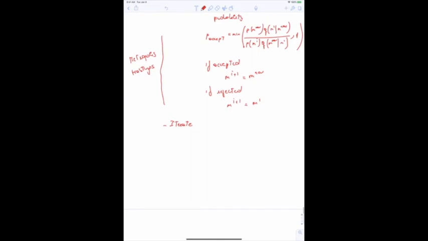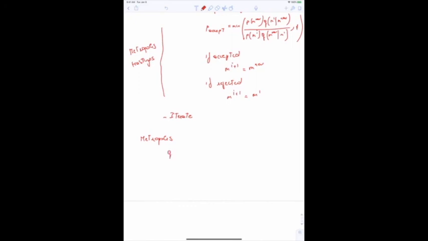Well, there are some differences in the other algorithms. If you just use Metropolis, what happens is that Q is symmetric. This means that Q of Mi given M nu is equal to Q of M nu given Mi.